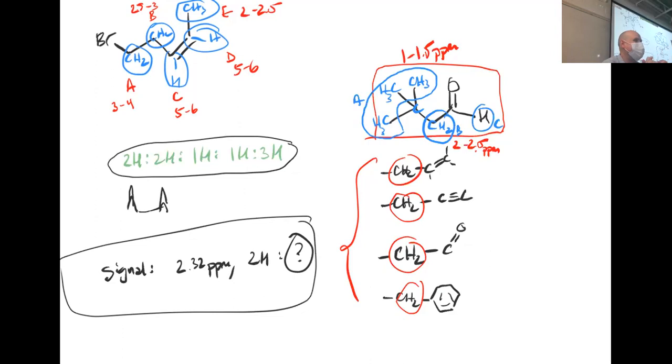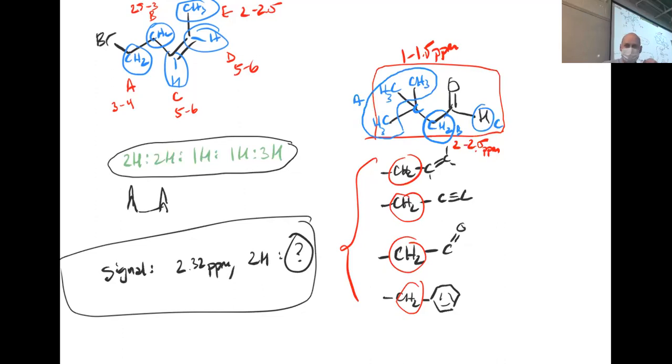Good, yeah. So this hydrogen is not next to an aldehyde, although it might look that way from the way I drew it, but this hydrogen is directly attached to the aldehyde. So this is part of the aldehyde and it has its own special region. We don't have a lot of those special regions, there's only 4 of them. So a hydrogen that's directly attached to an alkene is 5 to 6. A hydrogen that's directly attached to a benzene ring is 7 to 8.